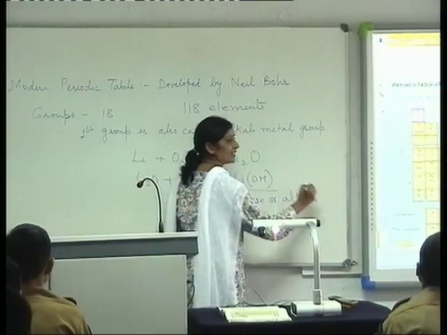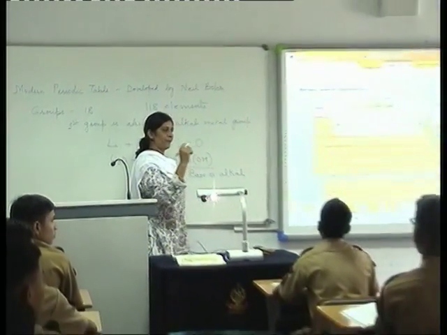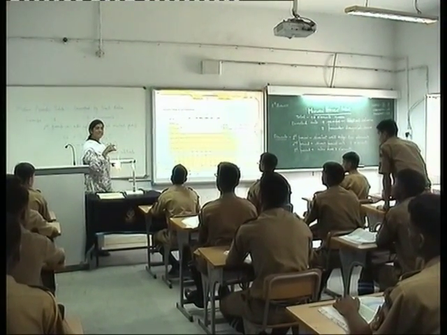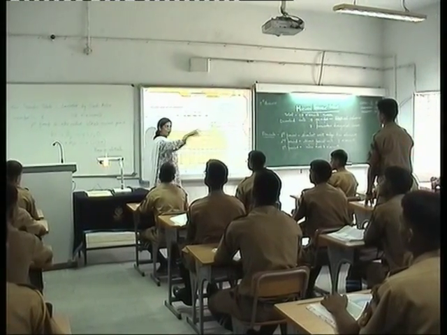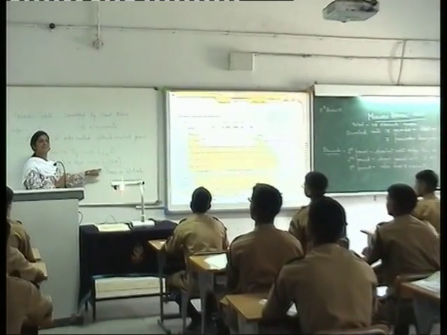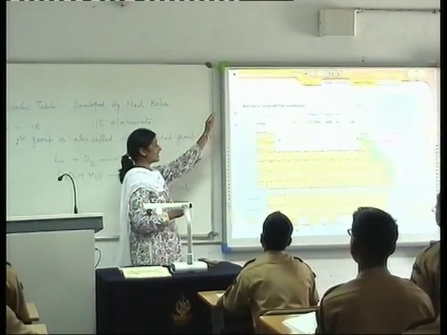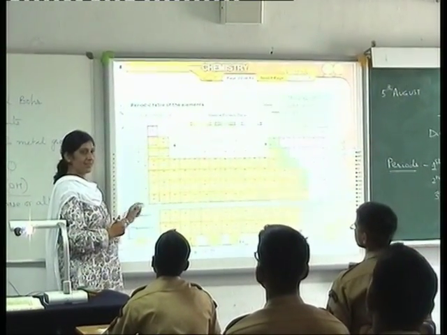Why alkali? Because it dissolves in water. Bases which dissolve in water are called alkalis. Hence lithium hydroxide, because it dissolves in water, forms an alkali. Hence this group of elements is called alkali metals.